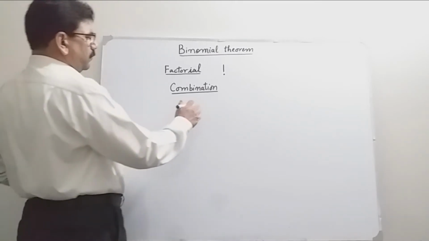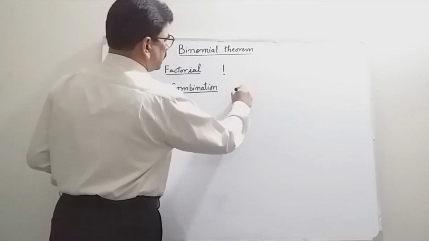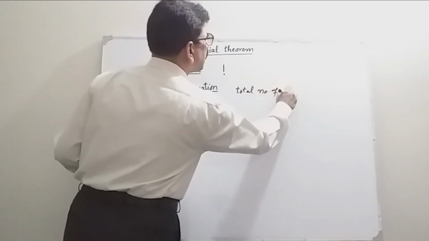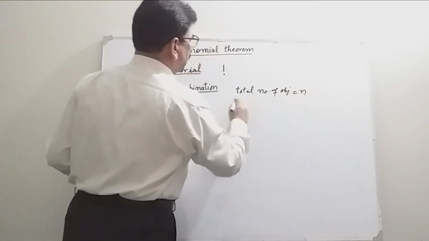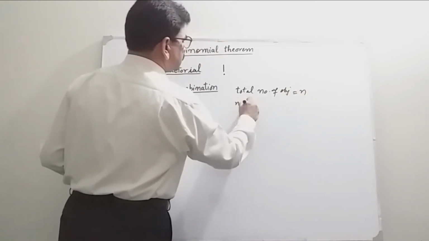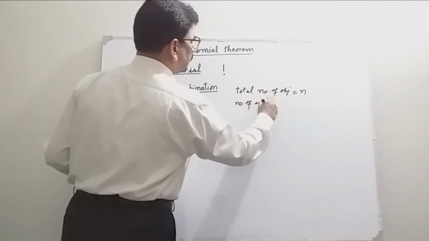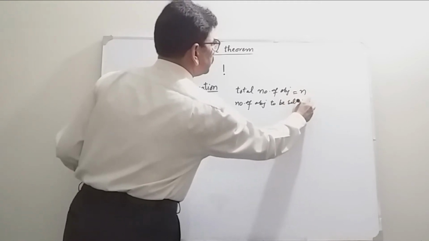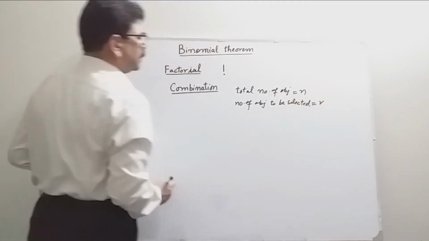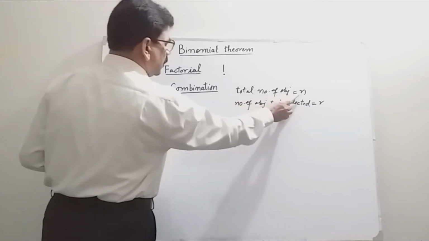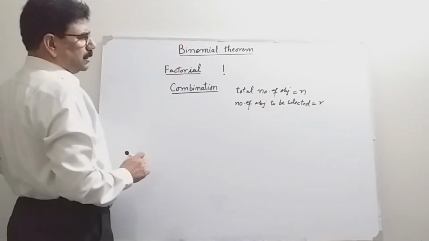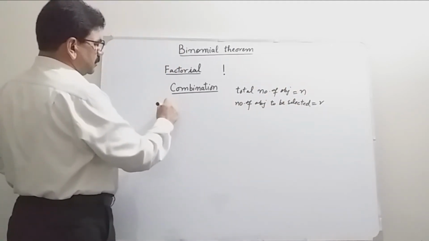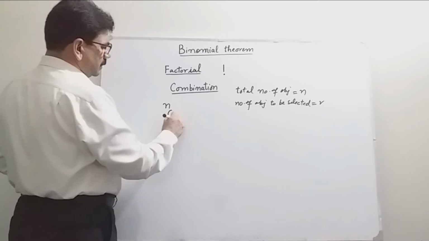For example, if we have total number of objects equal to n, and number of objects to be selected or to be chosen equal to r, then combination of n objects taken r at a time, or number of ways to select r objects from a total of n objects is denoted by nCr.